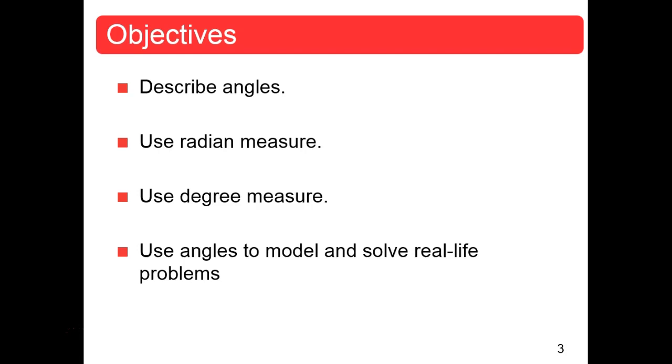We'll talk about radian measures of angles. We'll talk about degree measures of angles. And then we'll use angles to model and solve some real-life problems. Now, you're going to see this kind of outline objectives for every section, just about. We'll describe what we're going to do, use some of them, and then model them. Use them in real-life type situations.